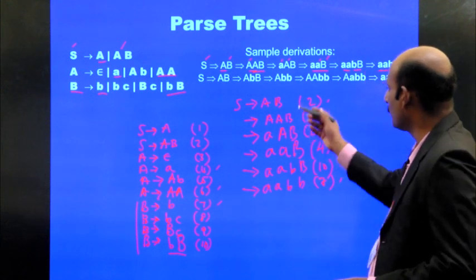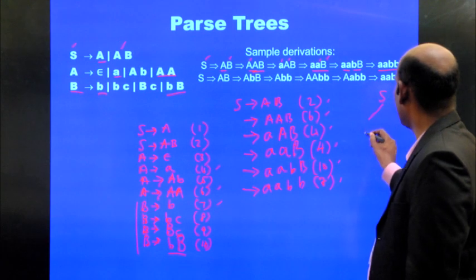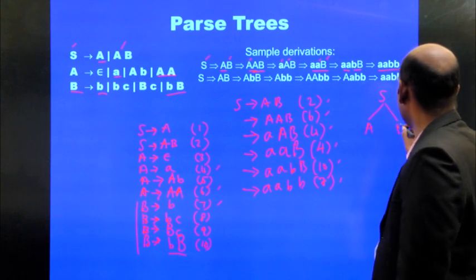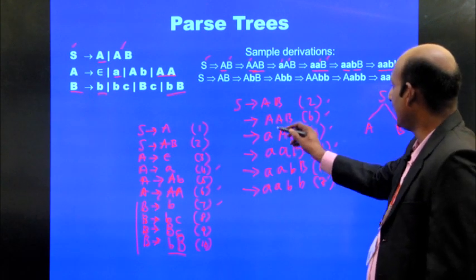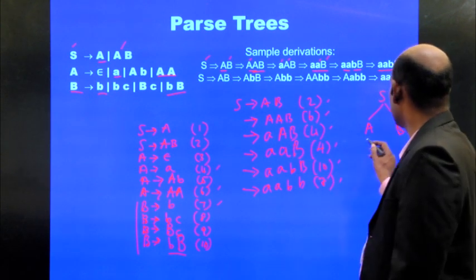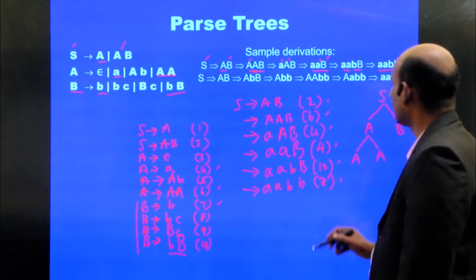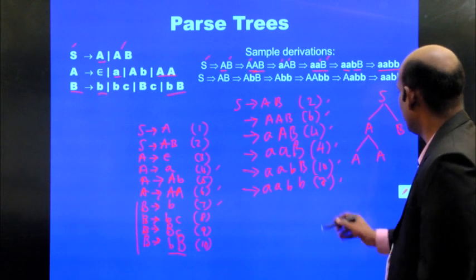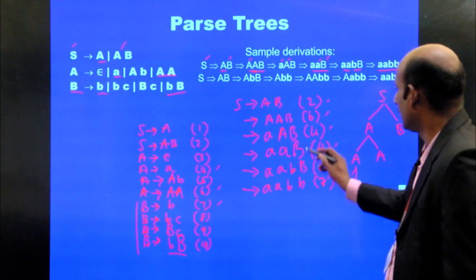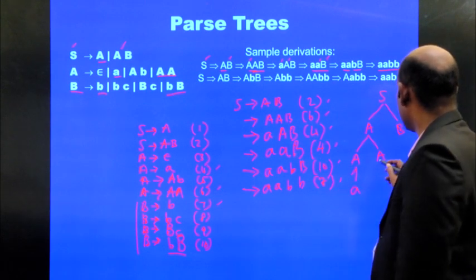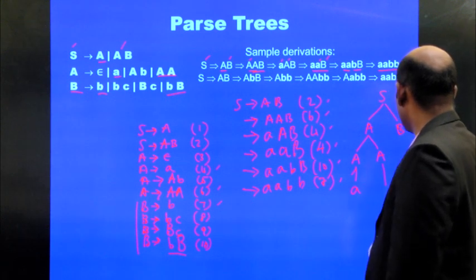Then with this order we can go for drawing the parse tree. So S tends to A and S tends to B. So the next step, A tends to A and A. This B is there. Next, this A tends to A, capital A as it is there. Then next step, again this A becomes A likewise.